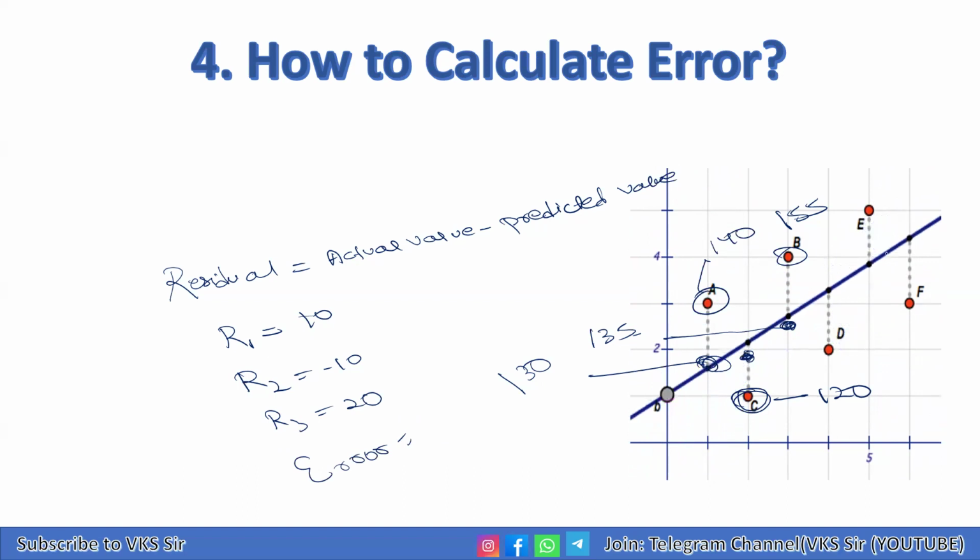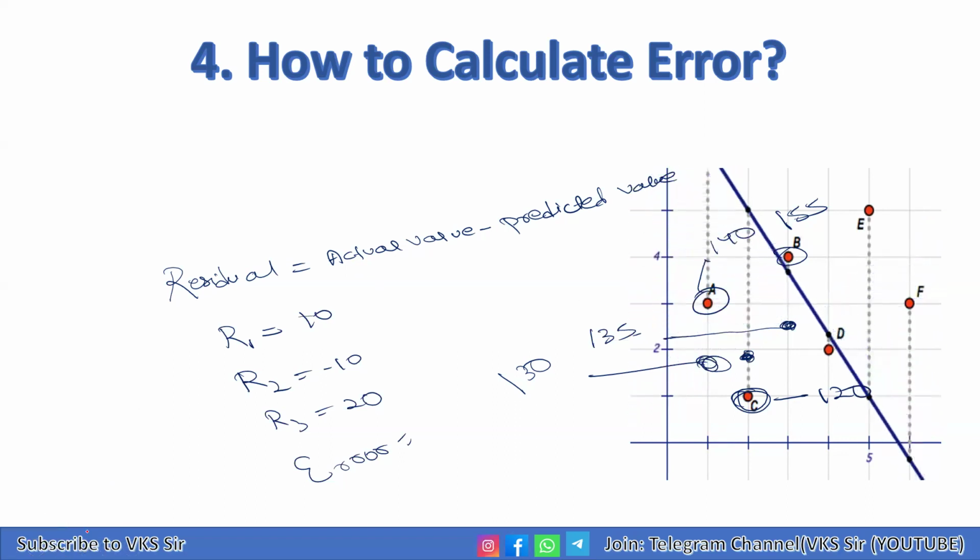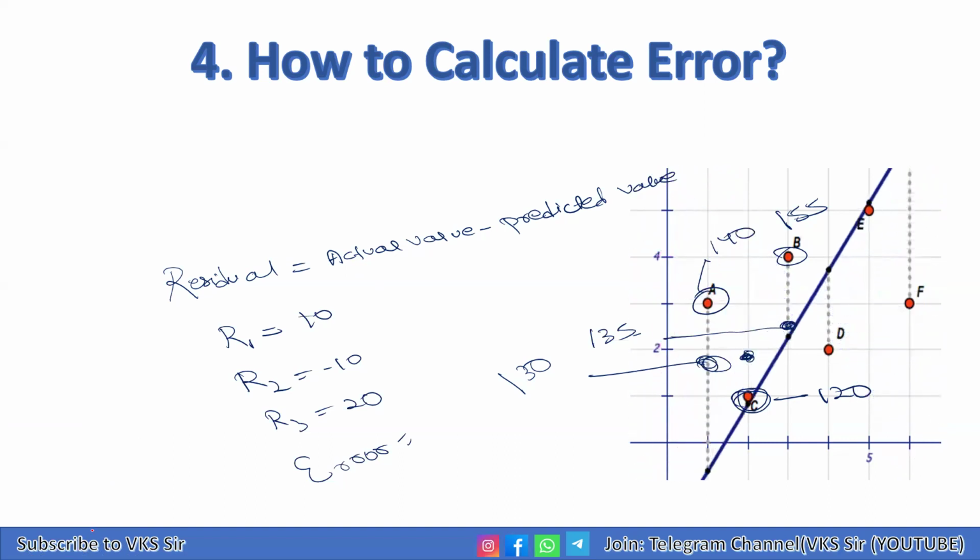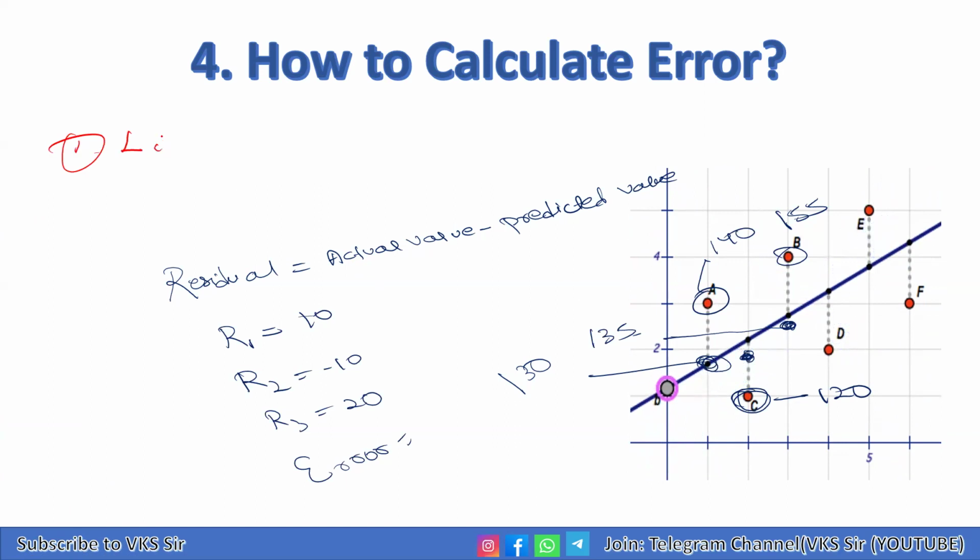In the previous video, I discussed all about the assumption part. If you have not seen it, you can check out that video. There I explained all about the assumptions. The first one is linearity. What exactly is the meaning of linearity?